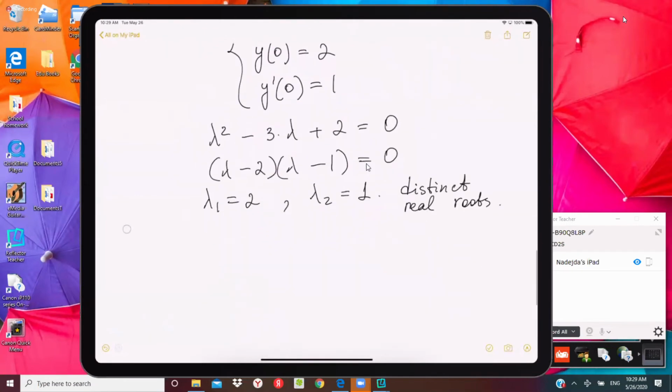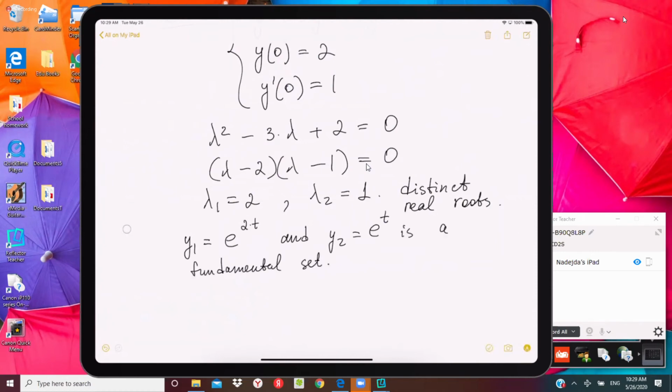So let me copy that here. Y sub 1, therefore, is e to the 2t, and y sub 2 will be e to the t. So this is a fundamental set.